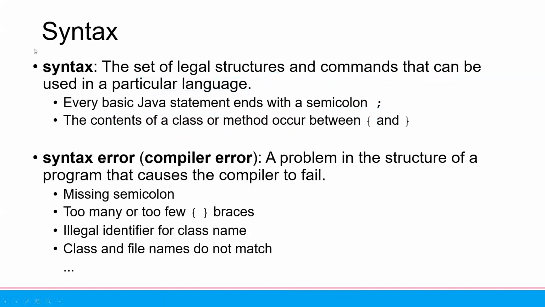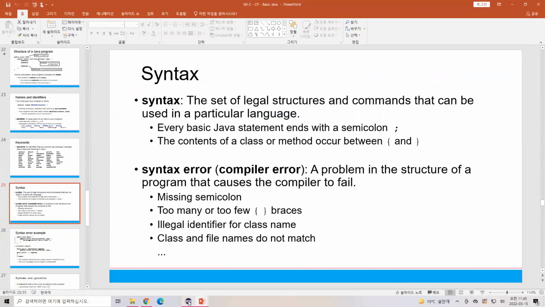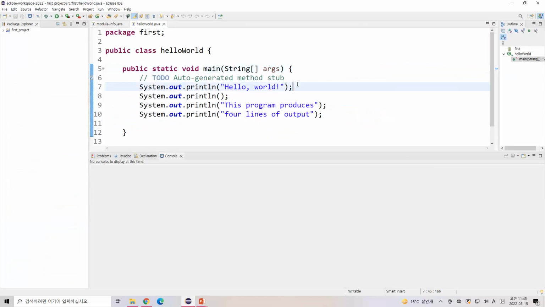If you check the code, you can see every line is ended with a semicolon. What if I delete the semicolon? It will show you an error message.